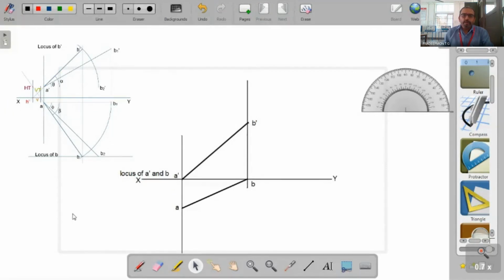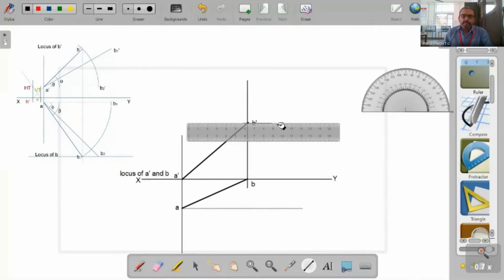Now locus of A is a line which is parallel to the XY line and passing through A. So here you can draw the locus of A. So this is the locus of A. And locus of B dash you can obtain by drawing a horizontal line, or a line which is parallel to the XY line and passing through the point B dash.